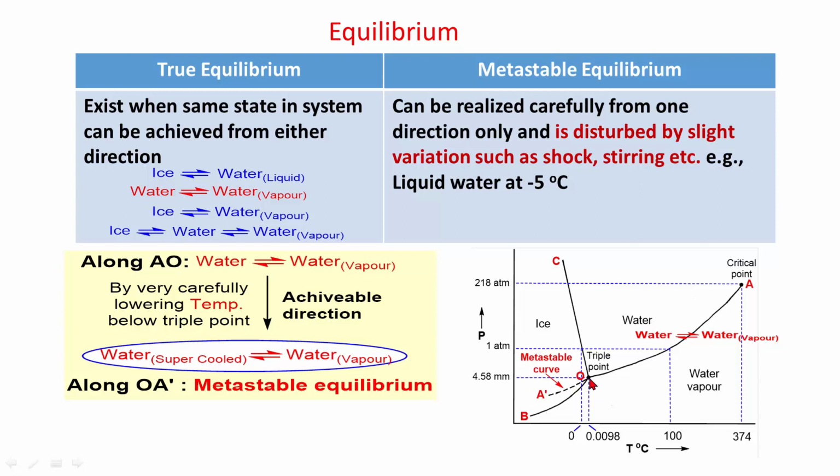For example, liquid water at -5 degrees centigrade, which is supercooled water. In metastable equilibrium, if there is a slight disturbance, it will follow the path along OB where ice is in equilibrium with water vapor. So that is the difference between equilibrium and metastable equilibrium.